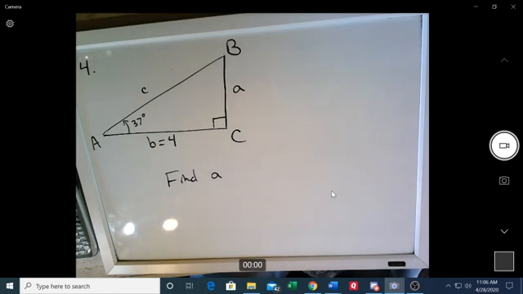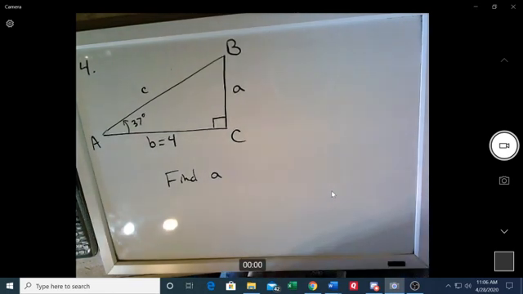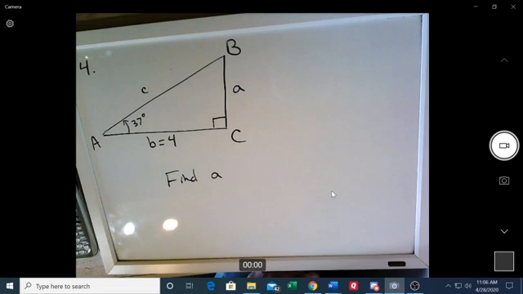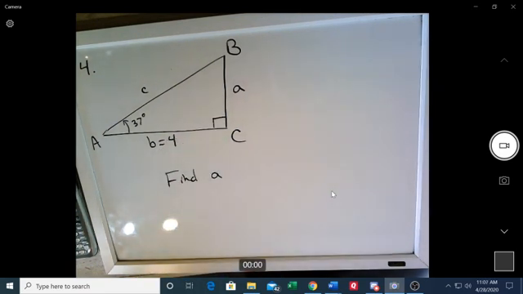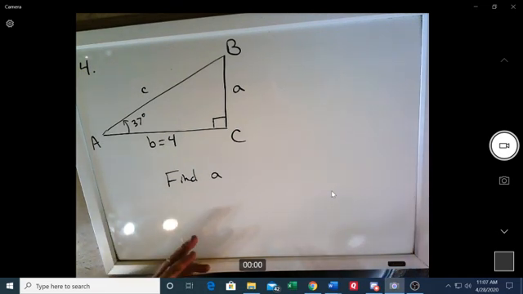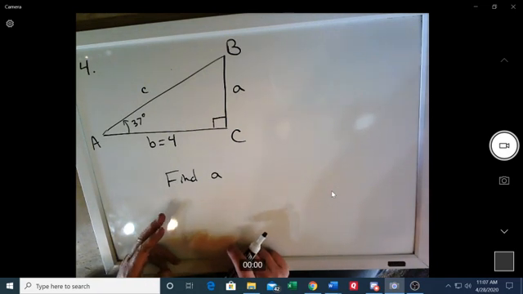But on Wednesday, that's going to be a topic. We're going to learn on Wednesday how to solve triangles when there is no right angle in them, non-right triangles. But today, before we do that, we're just reviewing some basics of how you'd solve a right angle triangle. So find little a.